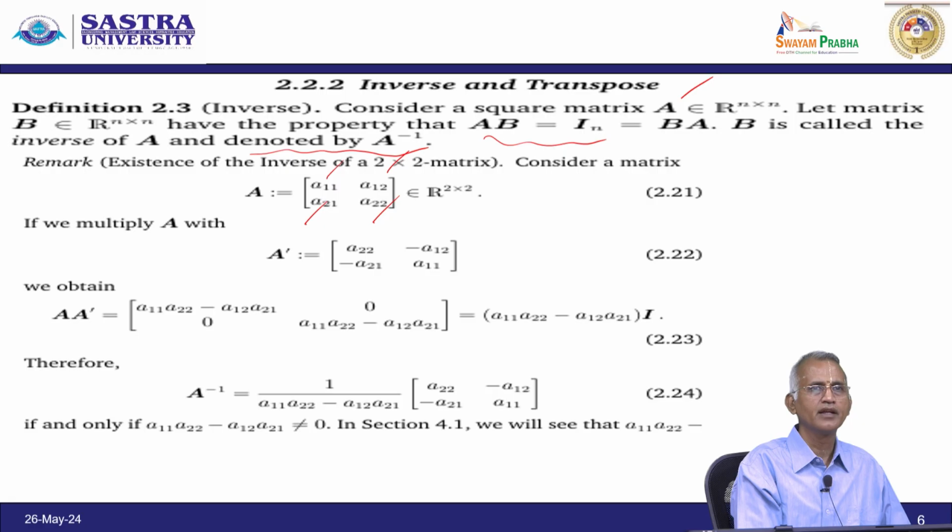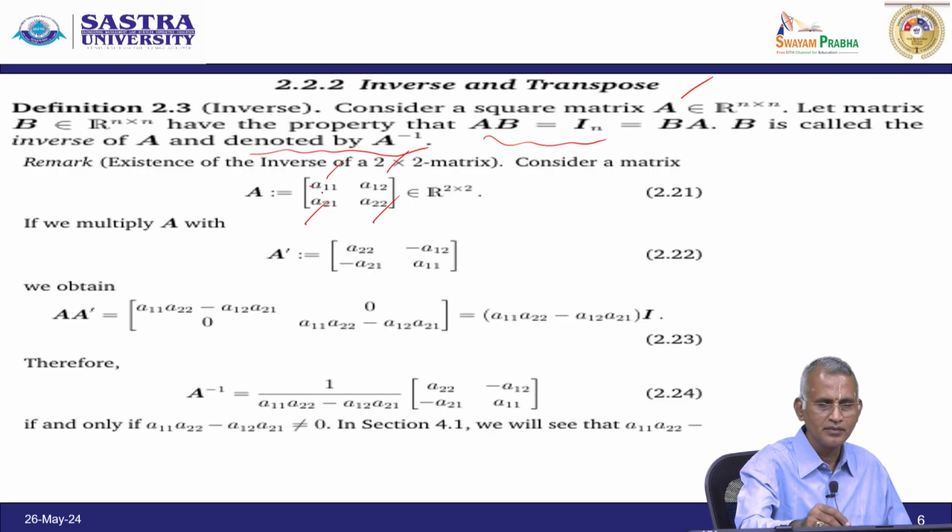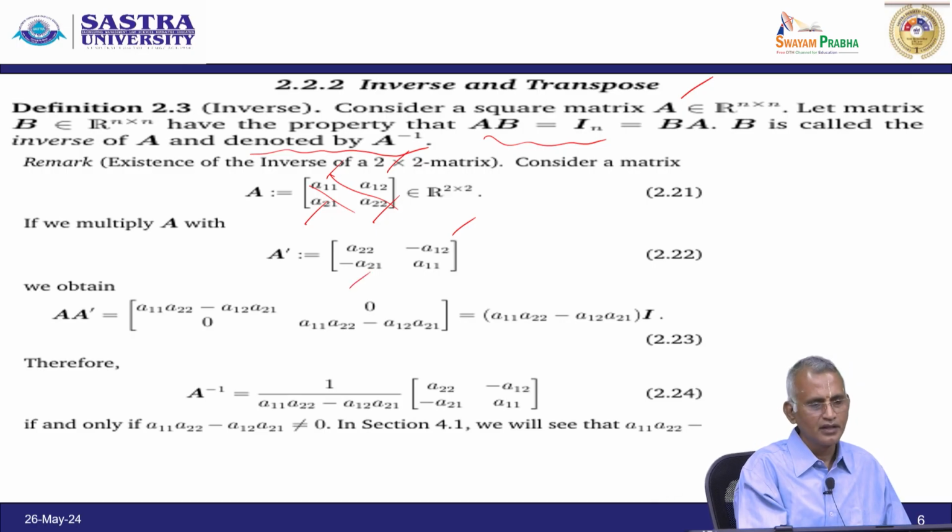If we multiply A with A dash, its inverse matrix, you have to swap the main diagonal, that is A22, A11, and change the sign of the opposite diagonal, minus A12, minus A21. That is the meaning of the inverse of the matrix. And also you have to find the determinant of A. So, if the determinant of A is not equal to 0, then only the inverse exists, and we can proceed further.